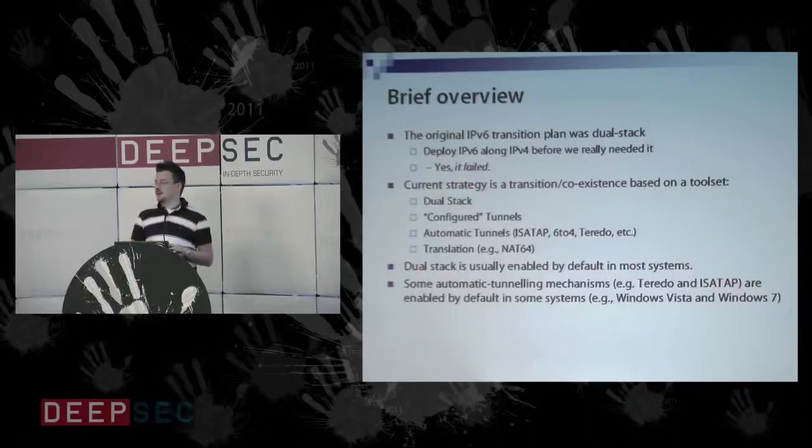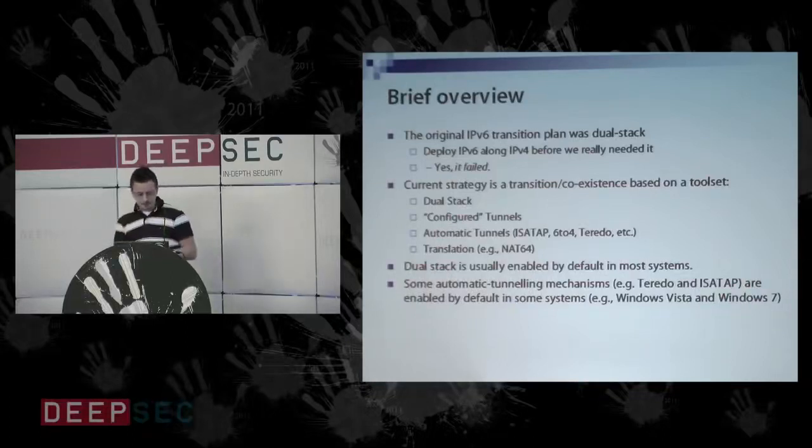Only a few organizations actually deployed IPv6, and in many cases they deployed it in the core of the network, but they don't really provide IPv6 access to their clients. So the current strategy for V6 deployment is based on a set of transition technologies which aid in deploying V6 in environments that are mostly IPv4 only.